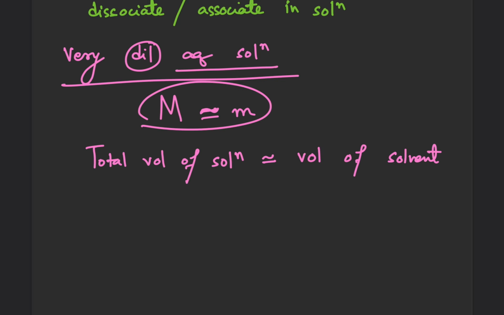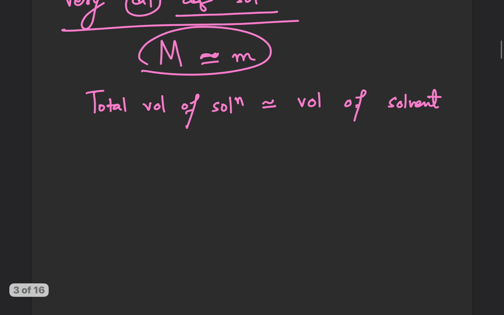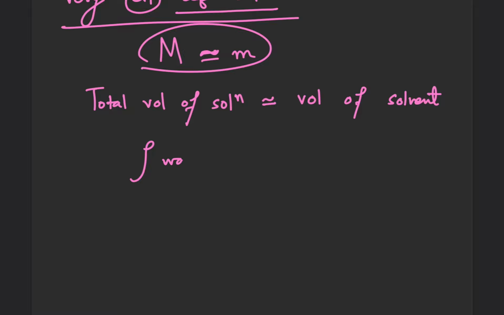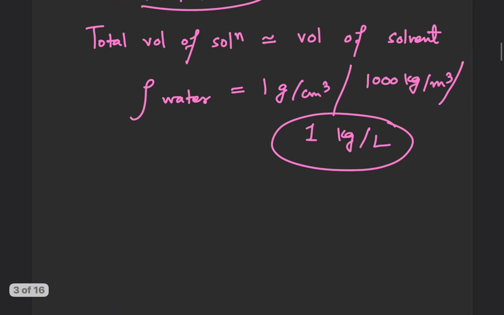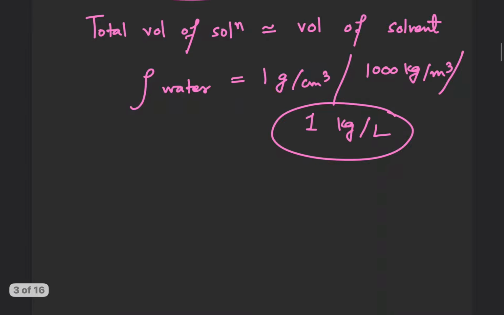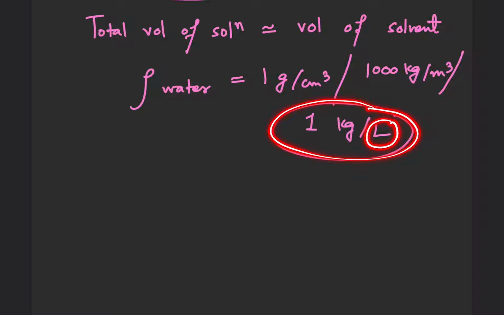And we know that the density of water is 1 gram per centimeter cube, or 1000 kg per meter cube, or 1 kg per liter. So this is the density of water. Can you see from this unit, 1 liter of water has a mass of 1 kg?